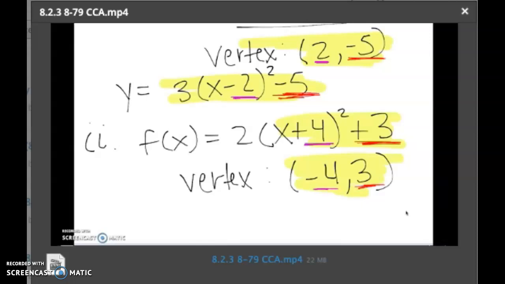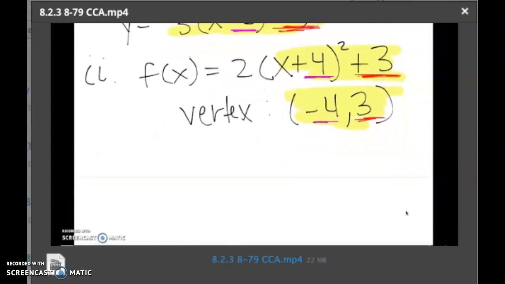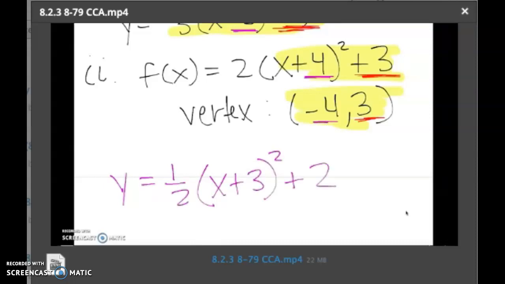So without graphing, I'm going to do one more here and see if we can find the vertex quickly. So we're going to look at y equals 1/2 times the quantity (x plus 3) squared plus 2.